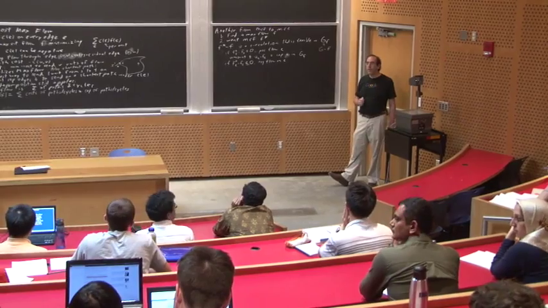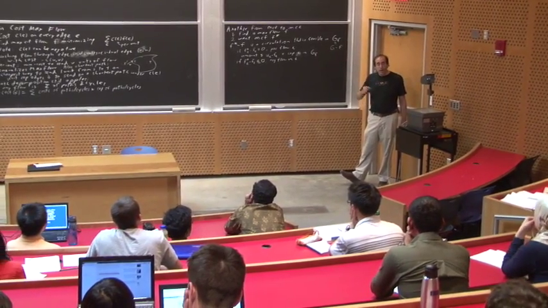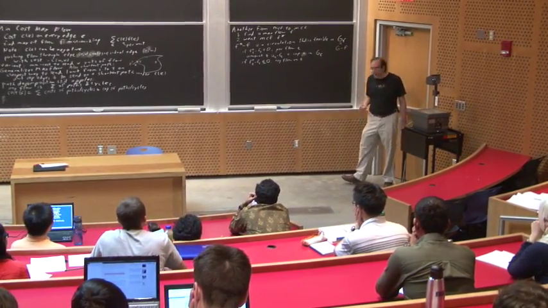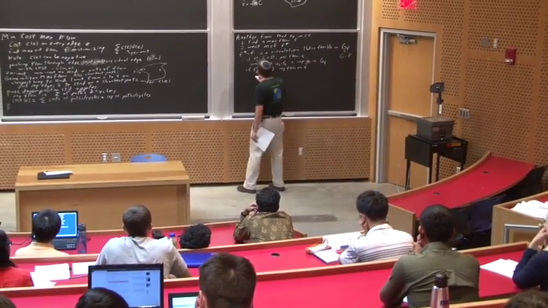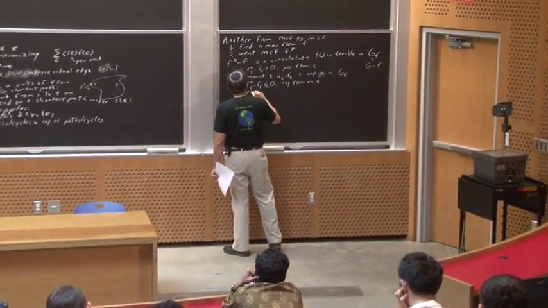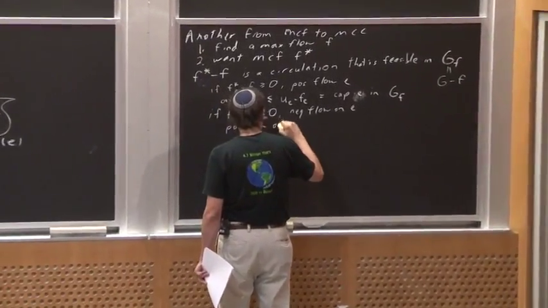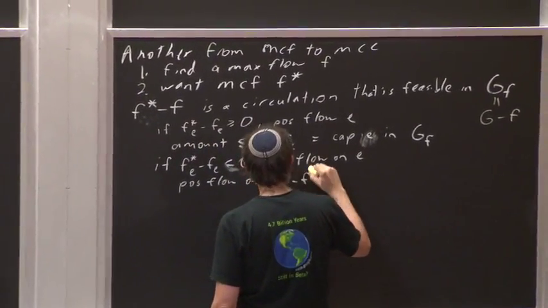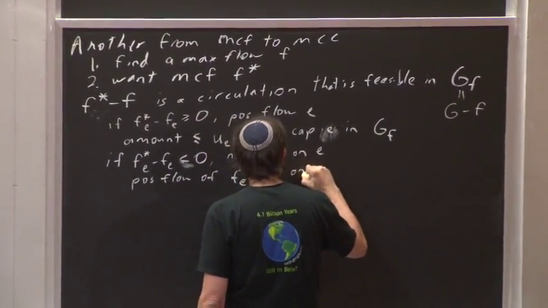Yes? Flow in the opposite direction. Right, a negative flow forward is a positive flow in the opposite direction. So this means a positive flow of f e minus f star e on the reverse direction.